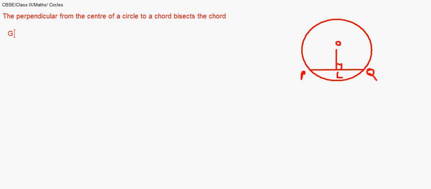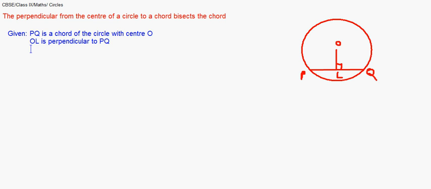So what is given to us? Given fact is PQ is a chord of the circle with center O. Also it is informed OL is perpendicular to PQ.